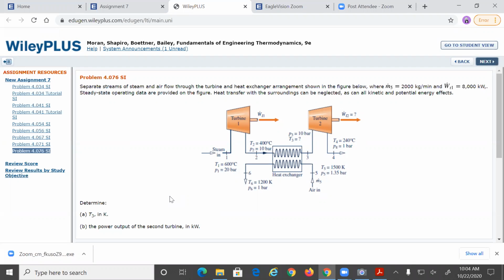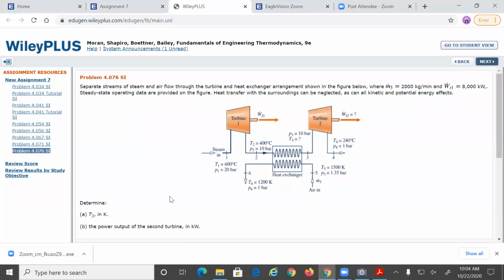At 5, air, T5 equal to 1500 Kelvin, P5 equal to 1.35 bars, and at 6, T6 equal to 1200 Kelvin, and P6 equal to 1 bar.